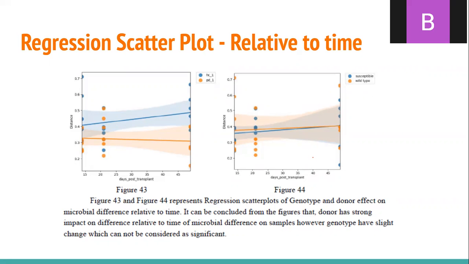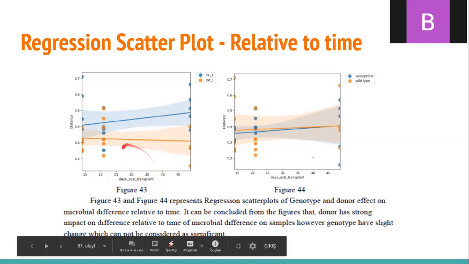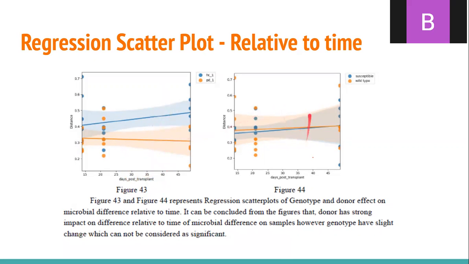It can be seen in these figures that donor type has a major effect in differentiating them in the scatter plot post transplant. The genotype has a minor effect, but you can see they are differentiated a lot. In the genotype, they also differentiated, but only minorly.